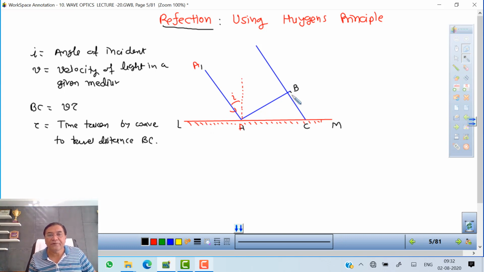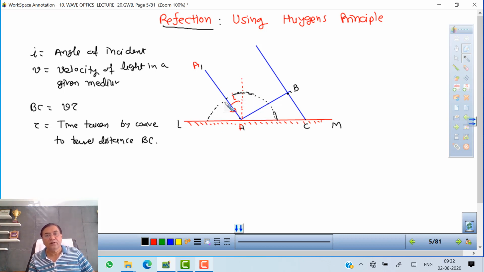Now what happens when the spherical wavefront emitted from B reaches C? Because it is a reflecting surface, A again emits a wave, and you will get a wave like this, and it will be spherical in shape. In 2 dimensions it is a circle, but actually it is spherical.